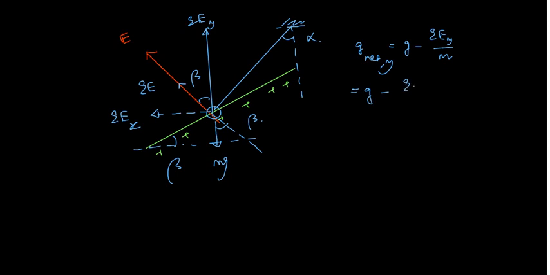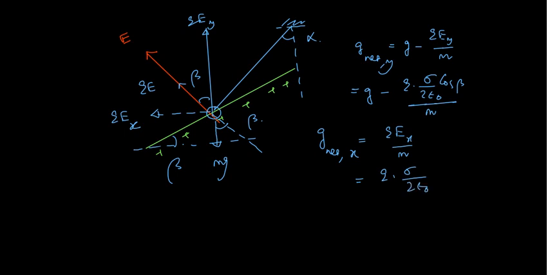Ey is nothing but sigma by 2 epsilon naught, and this y component is the cos component, so I will take this as cos beta, divided by m. g net along x is simply q into Ex by m, so that is equal to q into sigma by 2 epsilon naught, this is sine beta, divided by m.